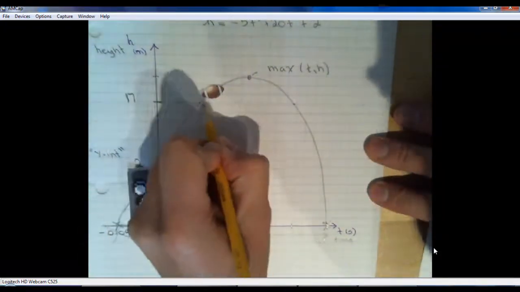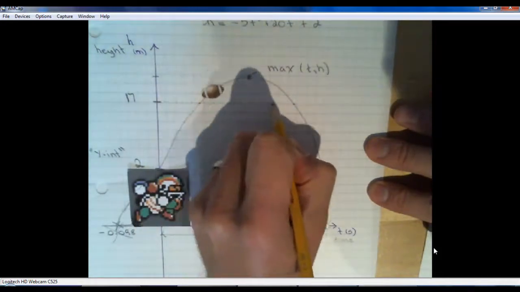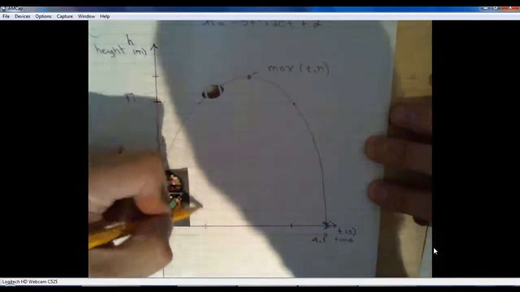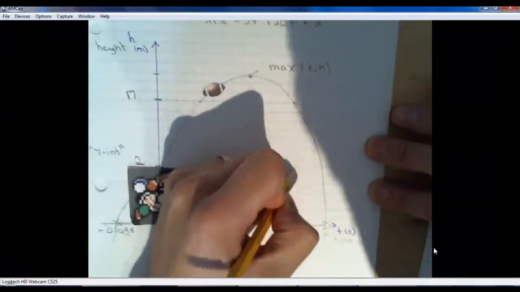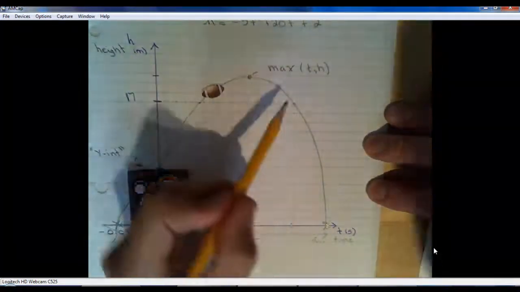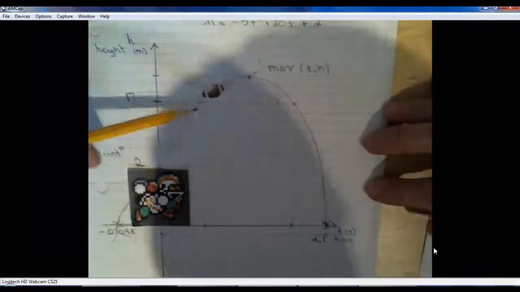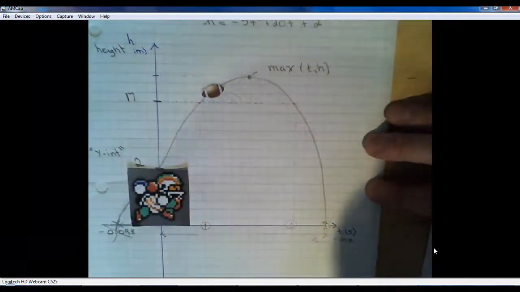Well, imagine 17 meters occurs right about here. So then, graphically, you can see here, it would be these points here. So at least 17 meters is when the ball is in this range. So it occurs at this time here, and it stops occurring at this time here.